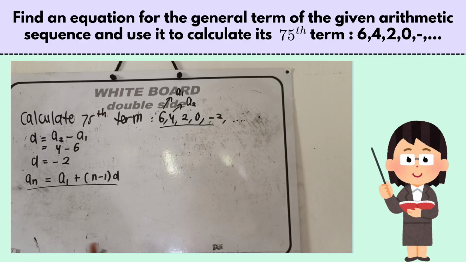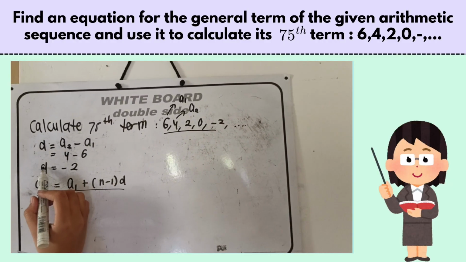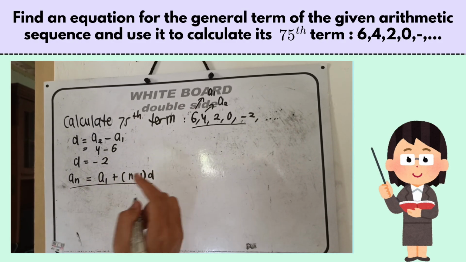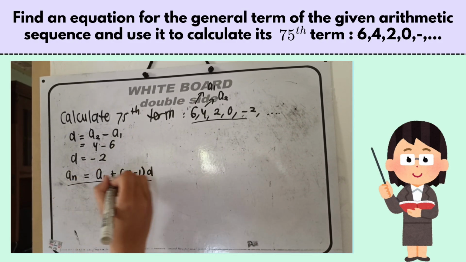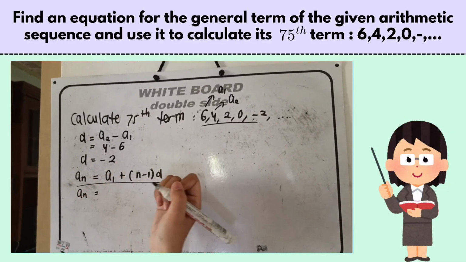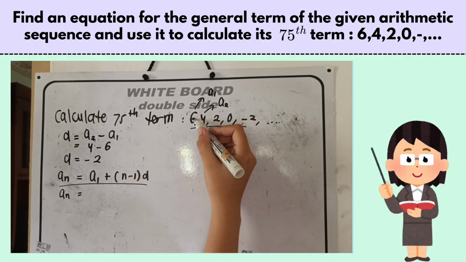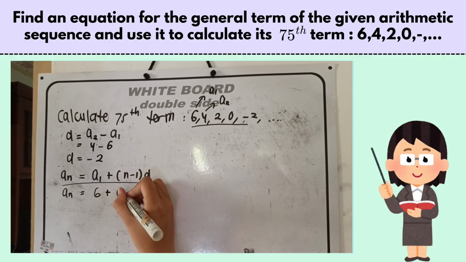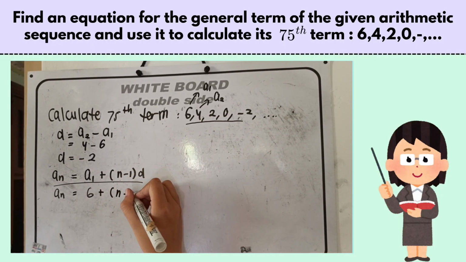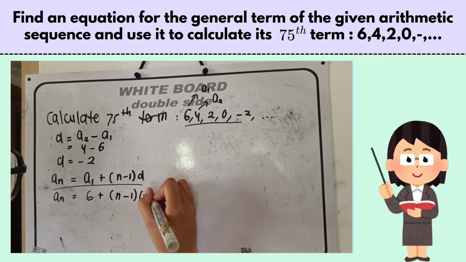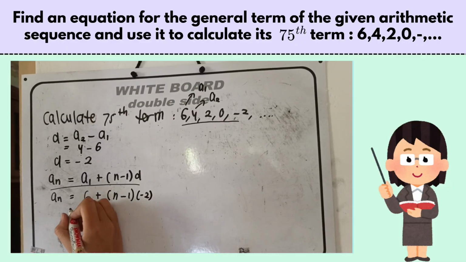Alright, after we get d is equal to negative 2, we can substitute d in this formula. a sub n equal a sub 1, remember, is 6, plus n minus 1 multiplied by d. d is negative 2.